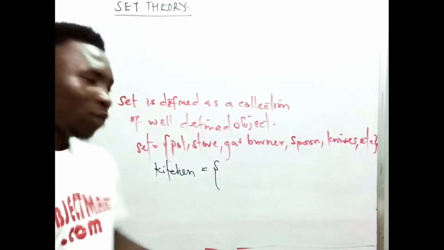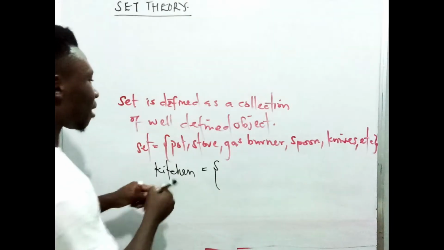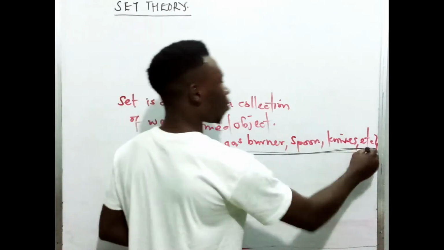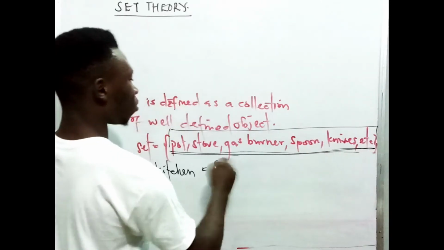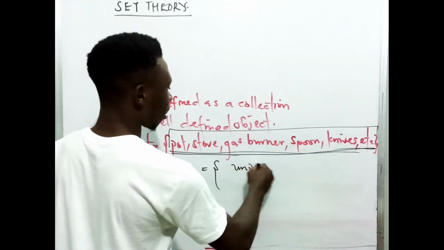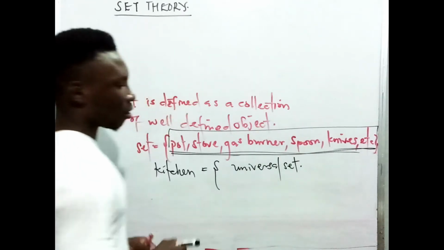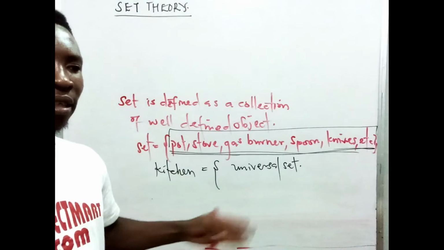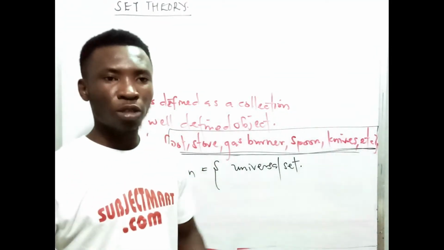So if I say the set of kitchen utensils, that set that carries the whole kitchen utensils is known as your universal set.